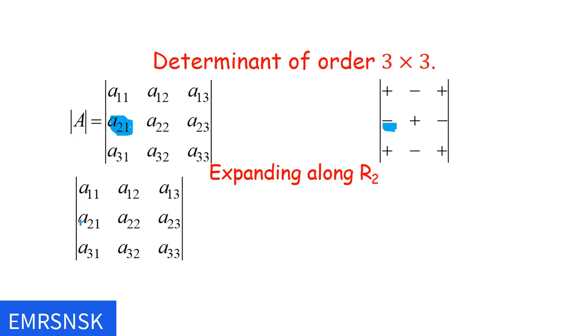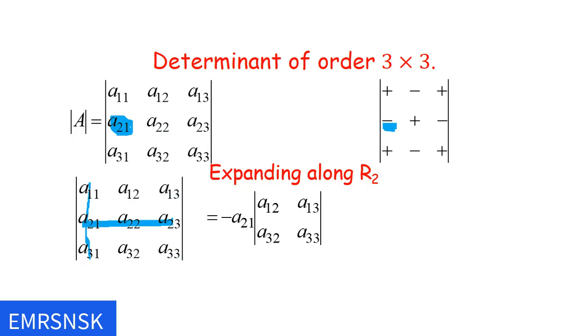You will remove second row and first column, and because the sign convention is minus, you are left with the determinant A12, A13, A32 and A33.